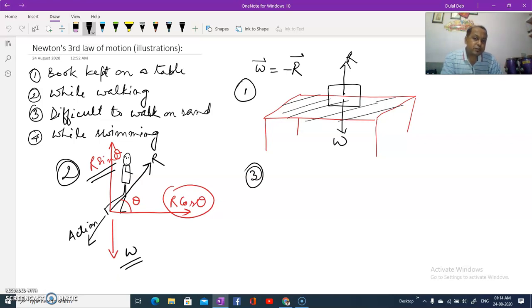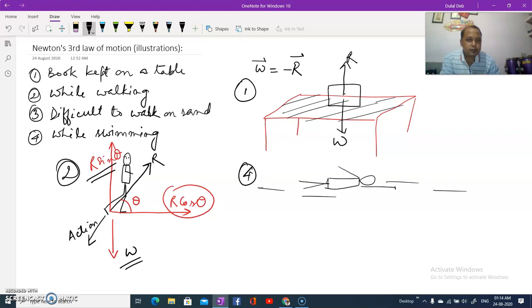And the last point, that is the swimming. While swimming, suppose a person is swimming. This is a person and the person is swimming. This is water. Now what happens?